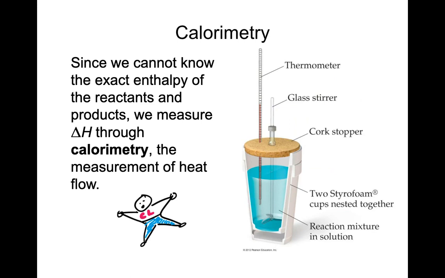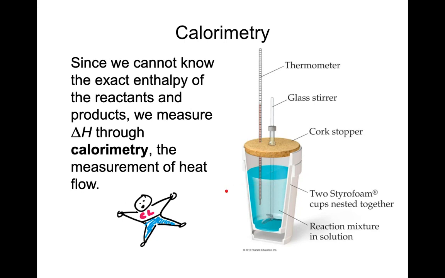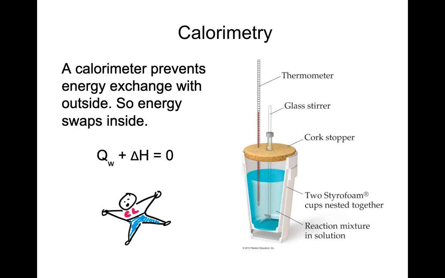The final couple of slides are related to calorimetry. Notice that the purpose of a calorimeter is to isolate the system, whatever's going on inside here, from the outside of the system, right? So calorimetry is a way that I can use this to measure something. The idea of the calorimeter is that since the inside is isolated from the outside, processes can exchange energy inside.